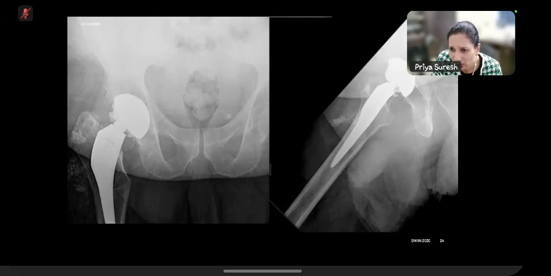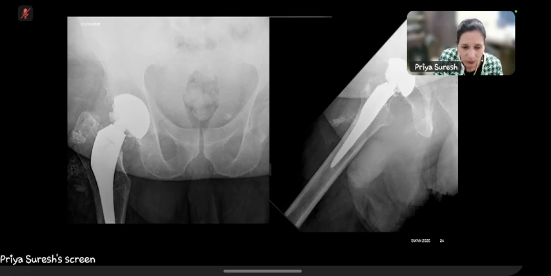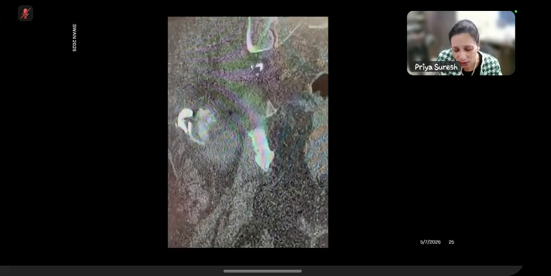But what is happening in that area where you should just be able to see a ceramic head is where your answer lies. Okay, it's like when you say the eye sees what the mind seeks. So if you're looking for lucency, you will see that, and you will definitely correctly report that there is no periprosthetic lucency. But that's not the reason for the failure. Okay, let me see whether this works.